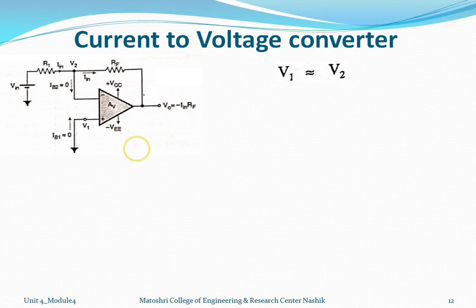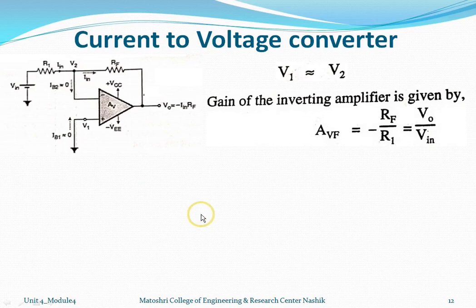And here it is clearly seen that V1 is approximately equal to V2. Why? Because we are getting a virtual short. So the voltage at this grounded node V1 is exactly equal to this node. So V2 becomes 0.